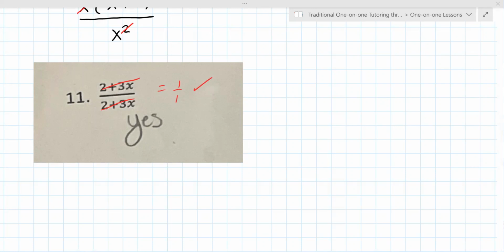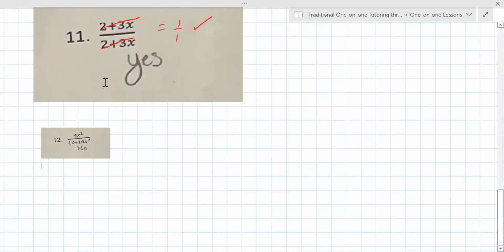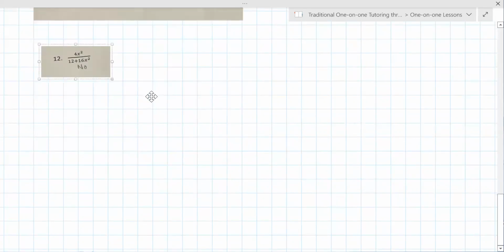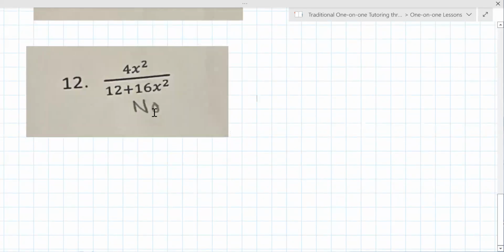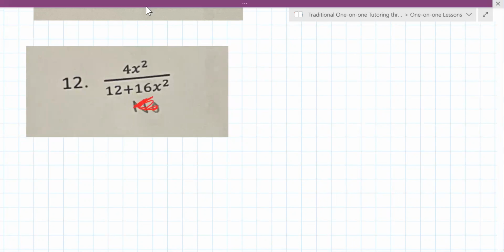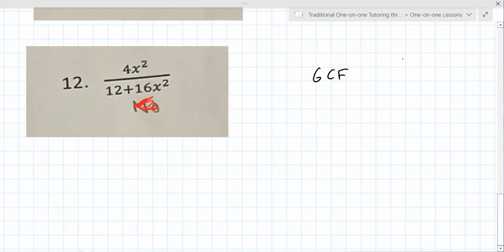so 12. 12, we're going to factor the denominator. Okay, so before we go with no, can anything factor in the denominator? Greatest common factor. Remember, it can be a number, can be a variable, or it can be both. Yeah. What goes into both 12 and 16? What's the biggest? 4.